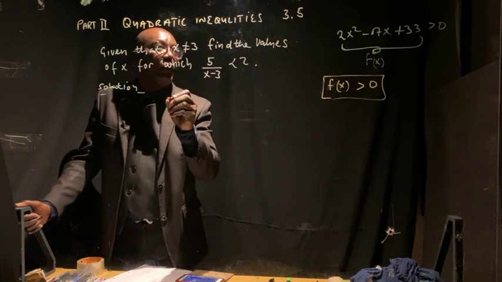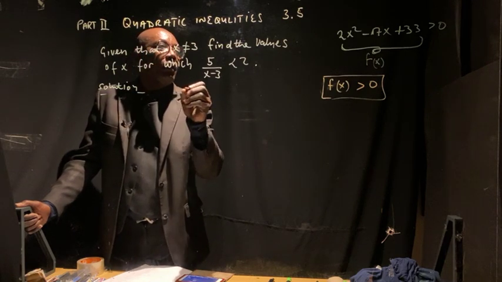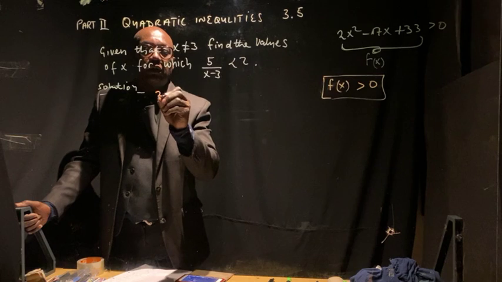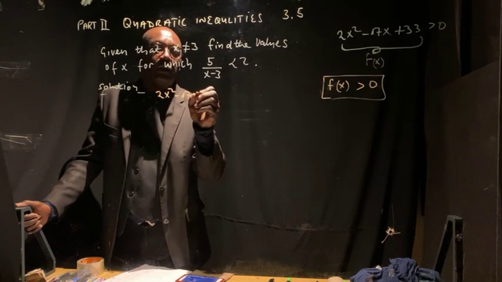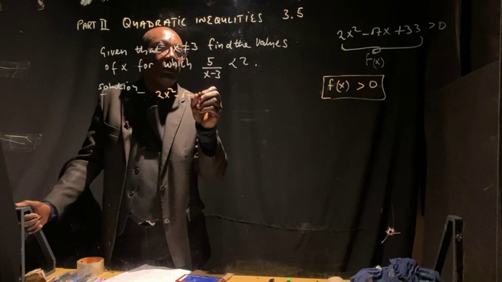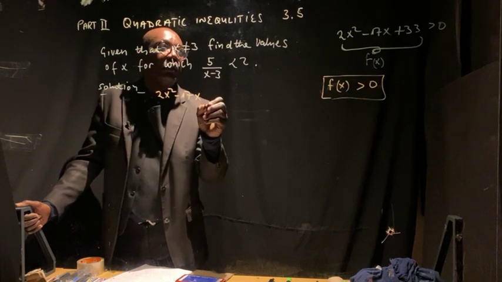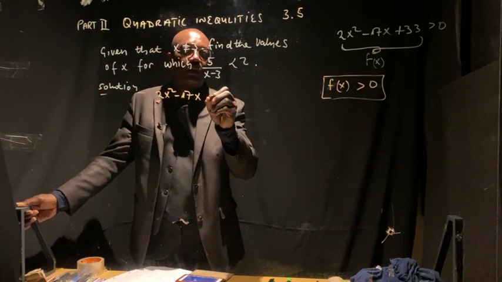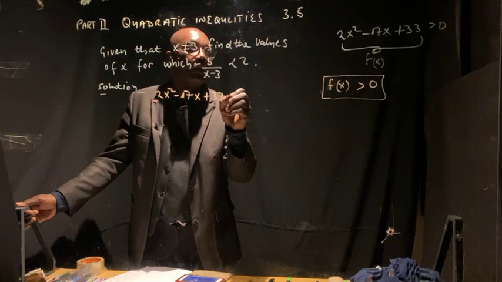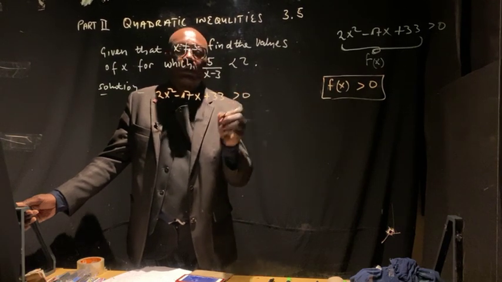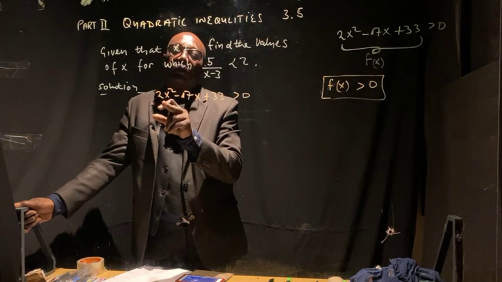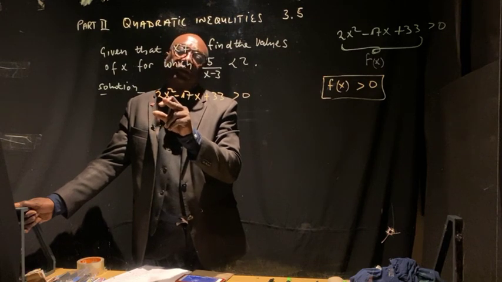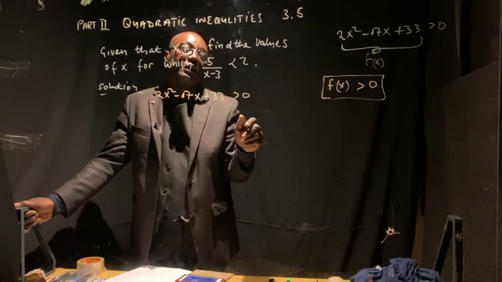This is the quadratic equation. We know that 2x squared minus 17x plus 33 is greater than 0. Very good. If we multiply the coefficient of x squared by the constant, we have 66.